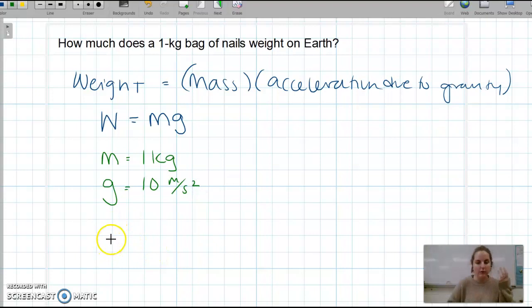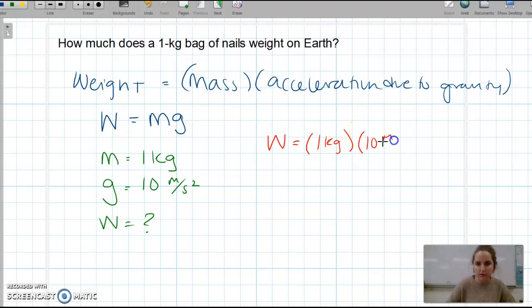All right, so how do we solve for weight? Well, right now it's a question mark, so let's solve it out. So weight, plugging this in, is 1 kilogram times g. So we get the weight of this 1 kilogram bag of nails is equal to 10 newtons.